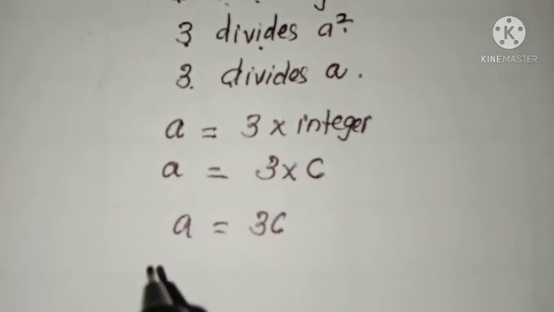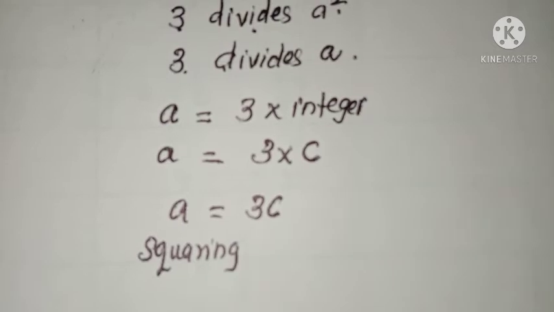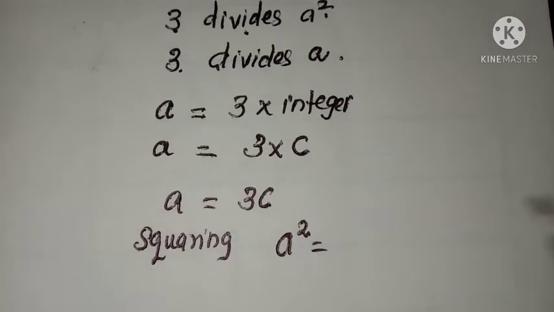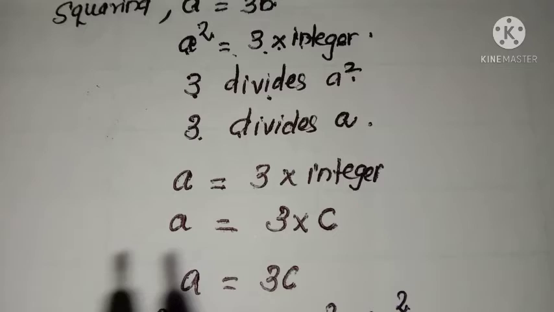Now the next step is again squaring on both sides. So on squaring we get a² equal to (3c)², so a² equal to 9c².